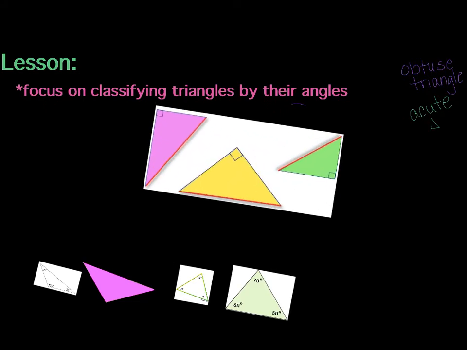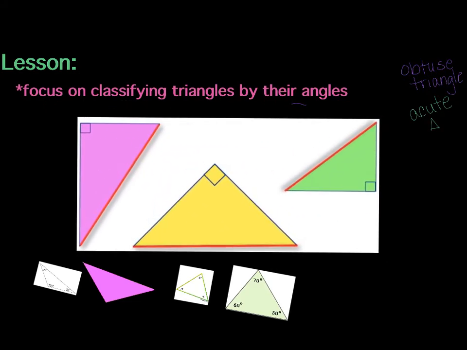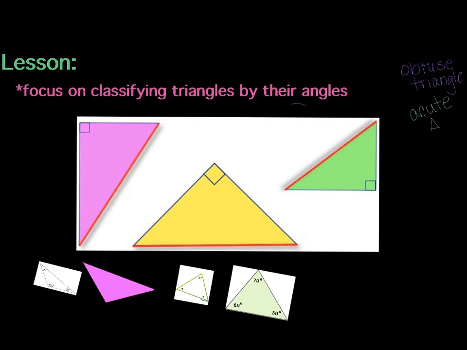Alright, so let's look here. Now, hopefully looking at these three triangles, something is giving you a clue as to what kind of triangle they might be. And hopefully that clue is smacking you in the face right now, because notice this little square that I have in all three of these triangles. What does that square tell you?